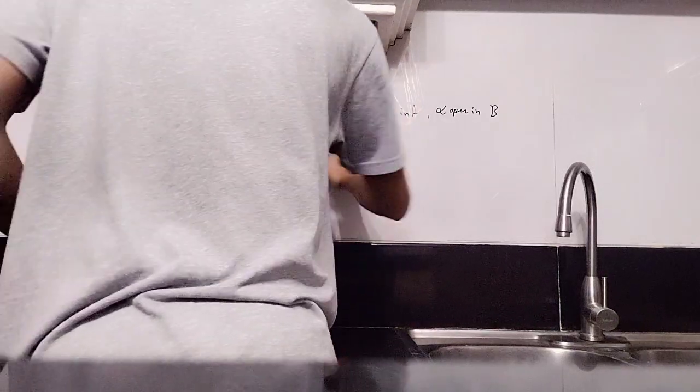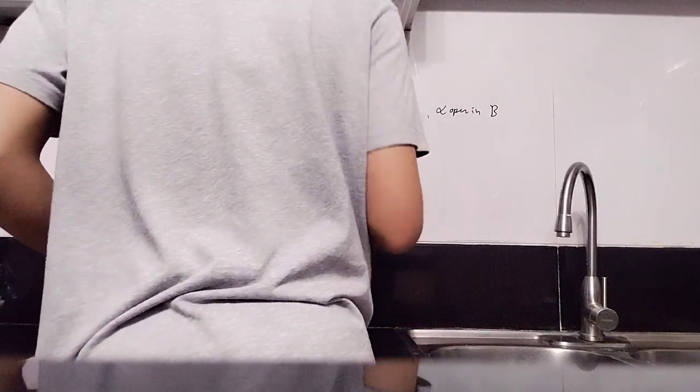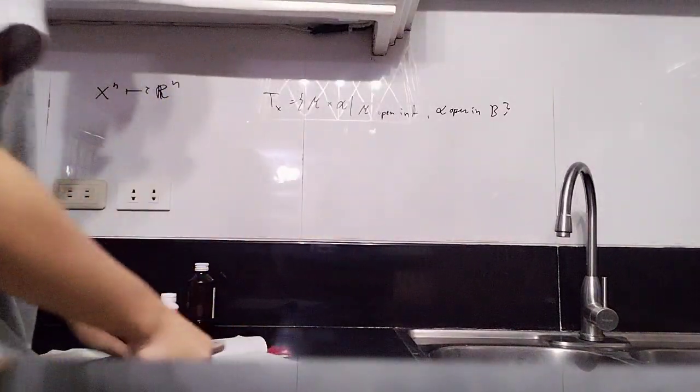So this product A cross B with this topology would precisely give us the product space of A and B.